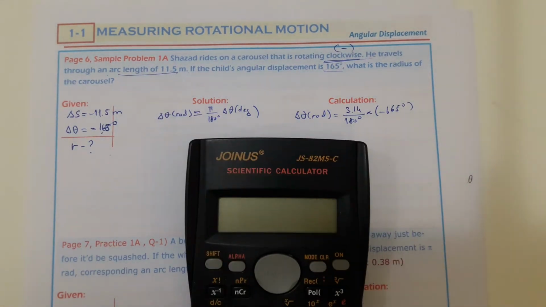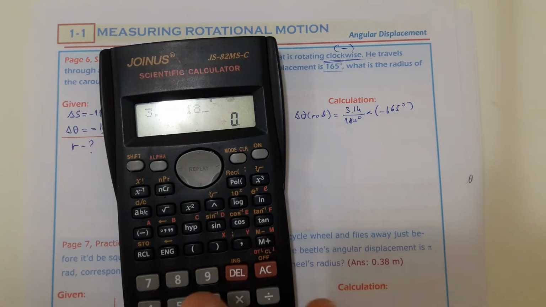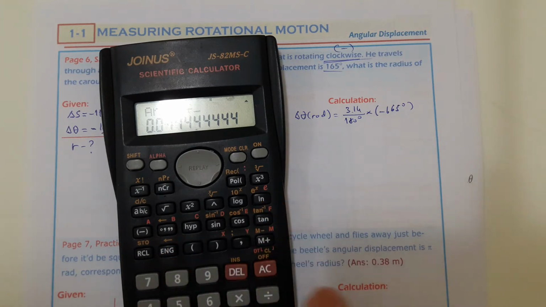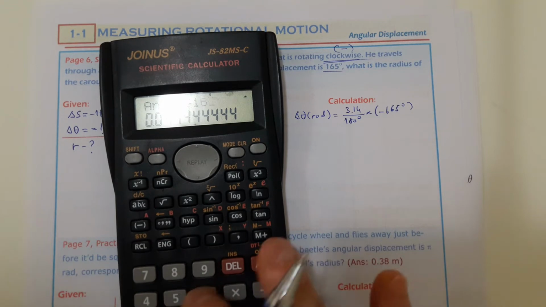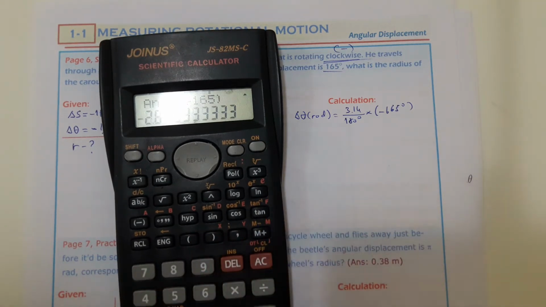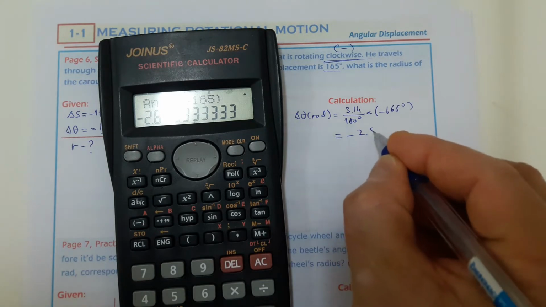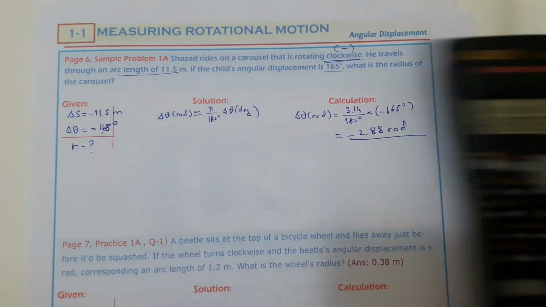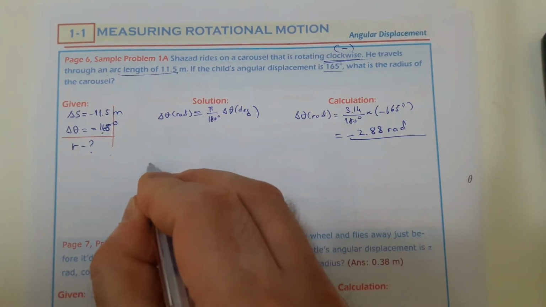Now let's do the calculation. 3.14 divided by 180, multiplied by negative 165 close bracket, which is equal to negative 2.88 radian, if you round it. Now we converted degrees to radian. Now we are ready for using the equation.